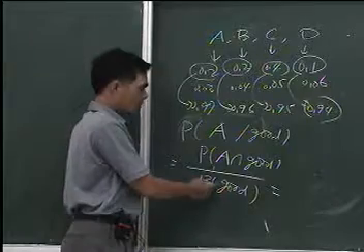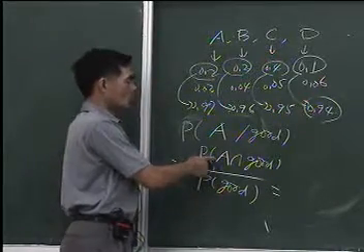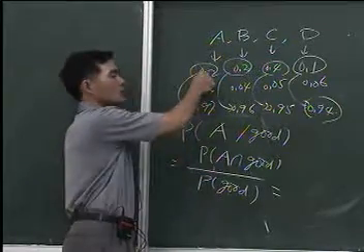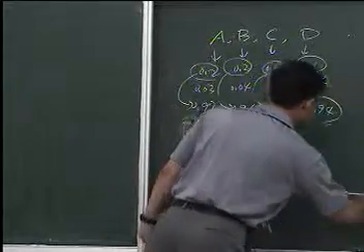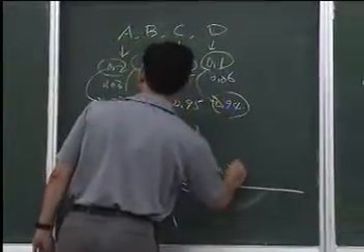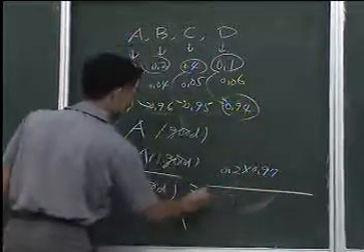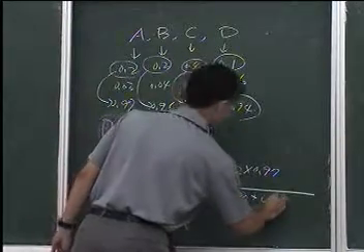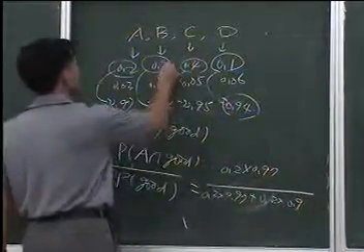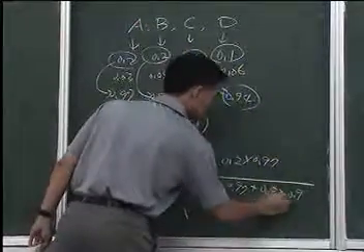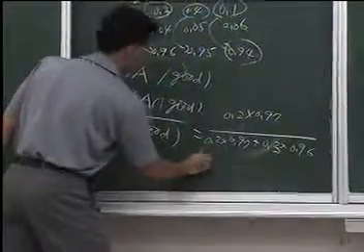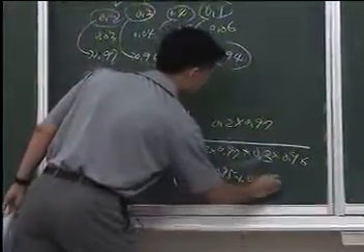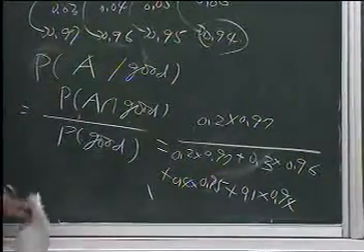So the sum should be the probability that it is good. And what's the probability that it is good and in A? So it's this one, right? So basically, 0.2 times 0.97, this is 0.2 times 0.97 plus 0.3 times 0.96 plus 0.4 times 0.95 plus 0.1 times 0.94. Okay, so you should be able to get the answer.